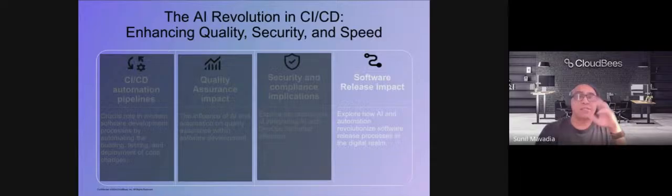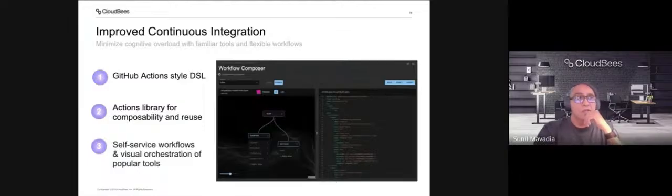And last but not least is the impact to software releases. So explore how AI and automation can help you revolutionize that release process in your SDLC, in your DevOps toolchain. Some examples that you can see these days is the use of GitHub-like actions. Developers today use this very, very heavily.